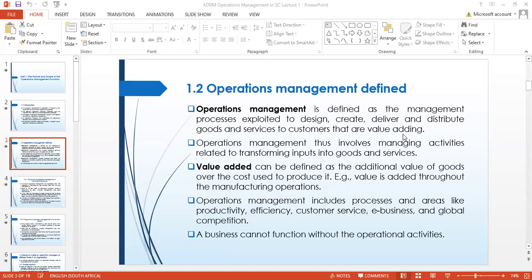All businesses, whether a manufacturing concern or a business providing services, need operational activities to function. So there is operations management in the manufacturing sector, and there is operations management in the services sector.